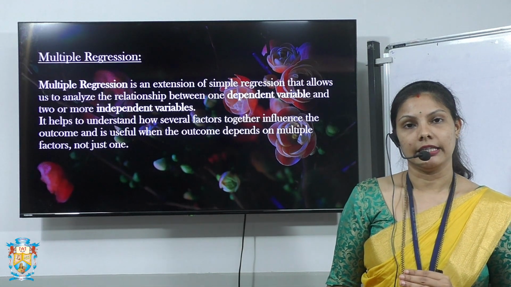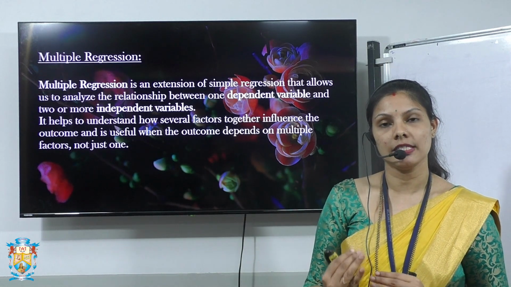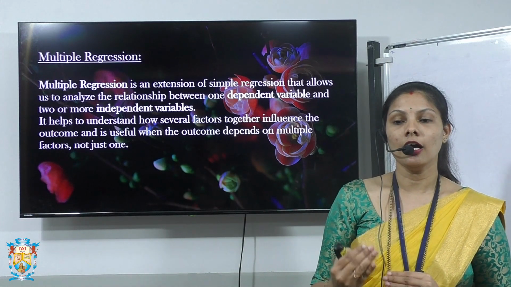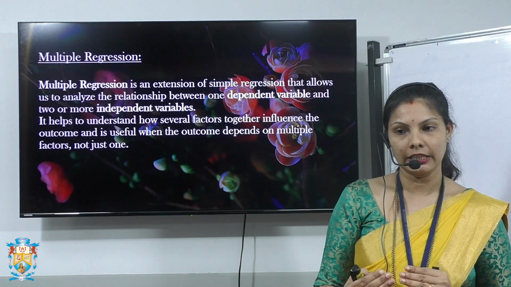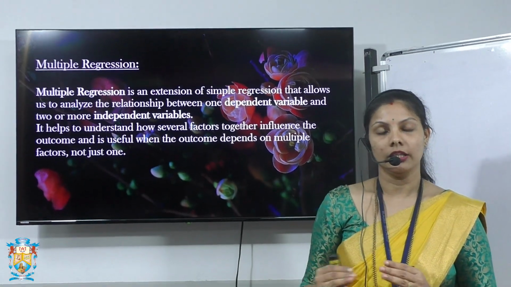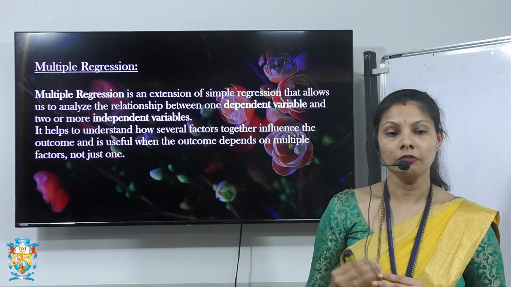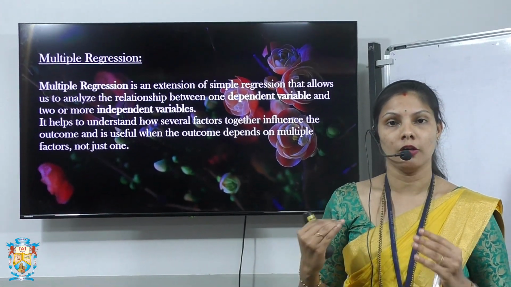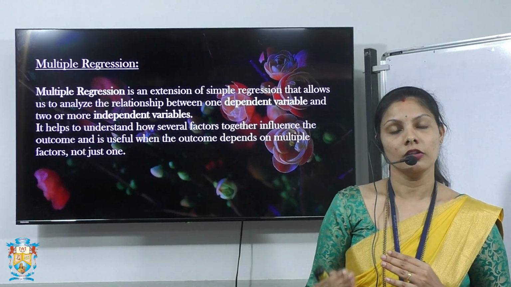Multiple regression is an extension of simple regression which allows you to analyze the relationship between one dependent variable and two or more independent variables. For example, if you want to reduce your weight, what are the factors that will influence your body?